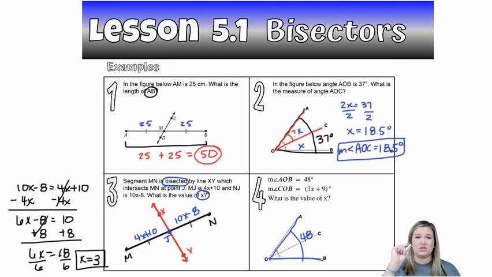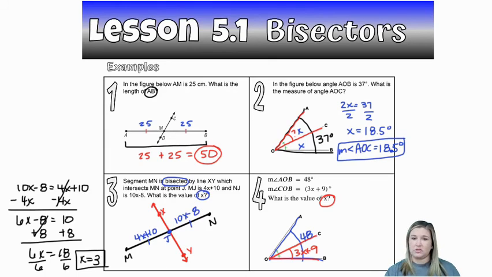So if OC is the angle bisector, it cuts it exactly in half, then I know that each angle is going to be half of that, essentially. So what's the value of x? I know COB is 3x plus 9. So COB, just this part, is 3x plus 9, and then solve for the value of x.